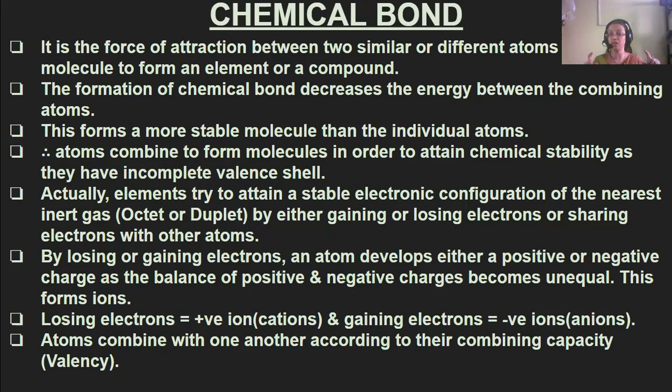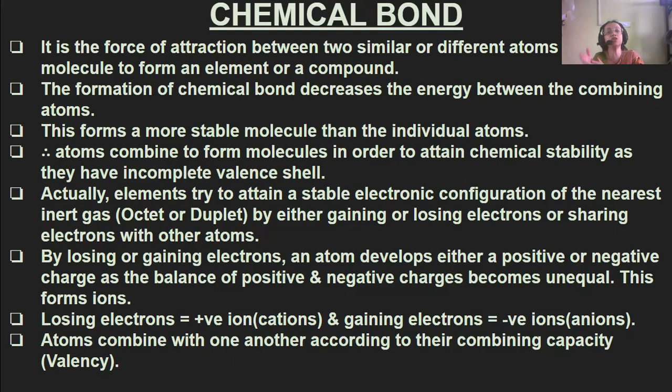When the atom stays individually, it is not stable because it has some electrons in the valence shell which may not be stable, because if it has 8 electrons in the outermost shell, then it is stable. But if it has less than 8, then it is not stable.